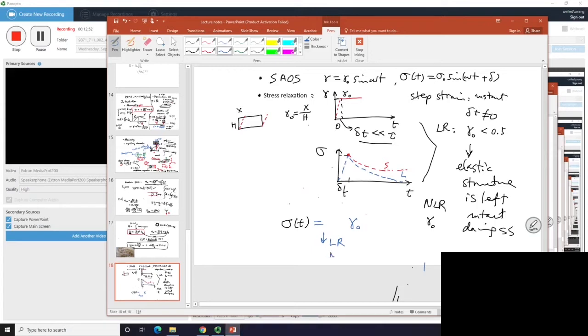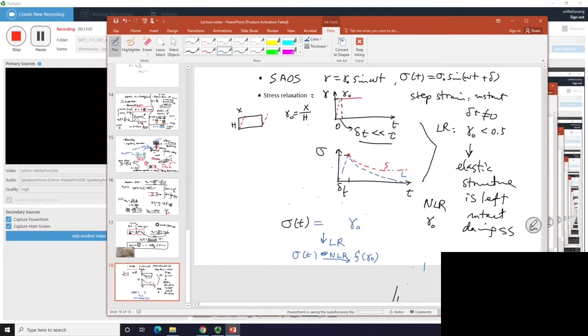Otherwise, if you have nonlinear response, in that case, this could become a function of gamma 0.